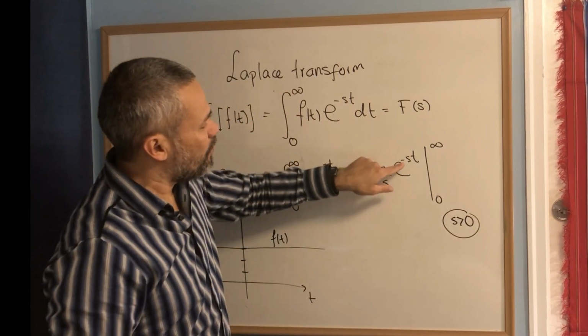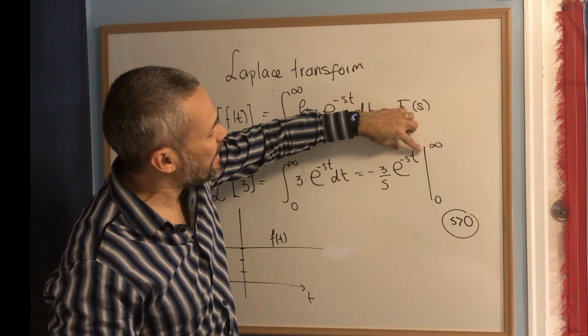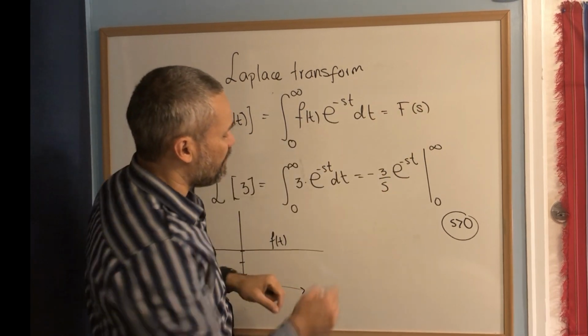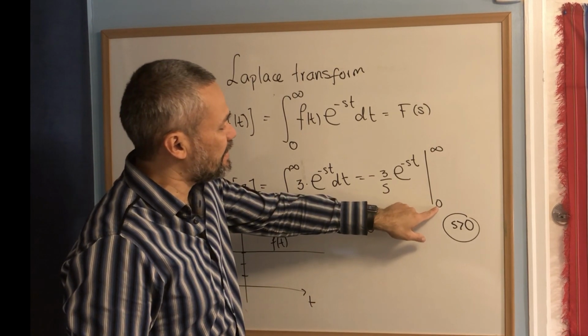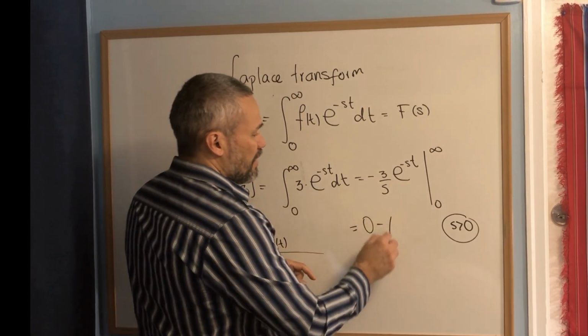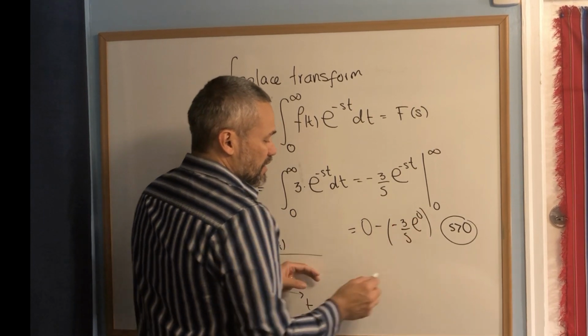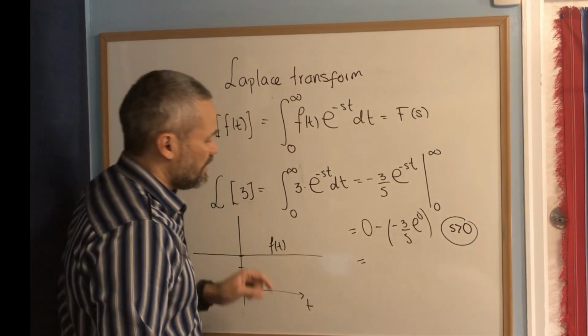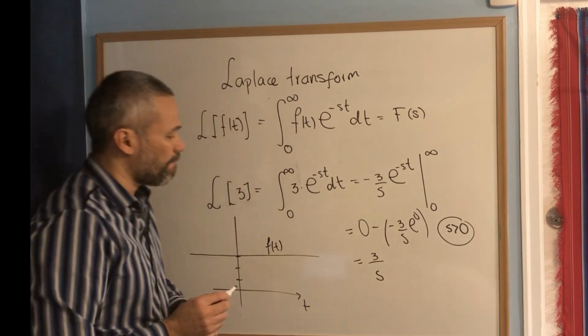we have that when t is big, we have e to a negative number, and e to the negative number is 0. And then we have 0 minus, and when we evaluate at t equals 0, then we have negative 3 over s e to the 0. That means that this integral is just 3 over s.